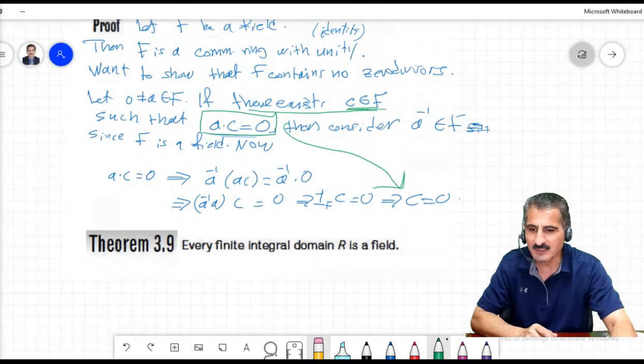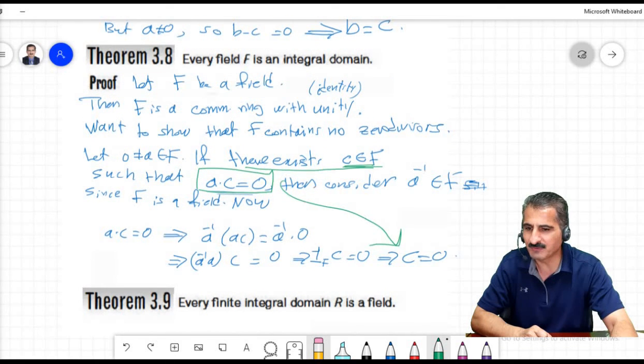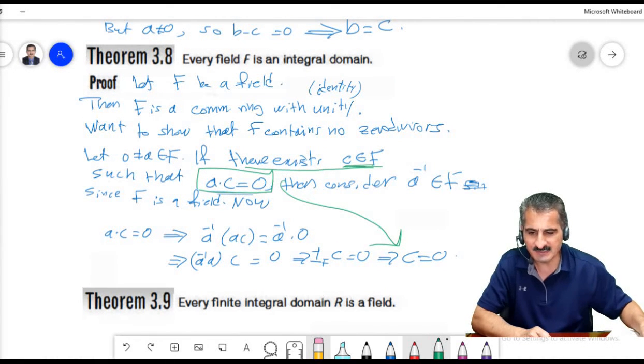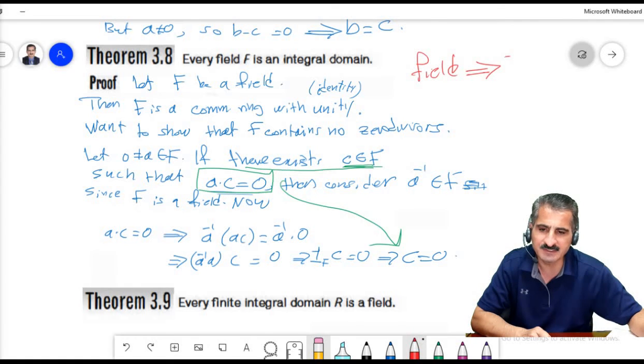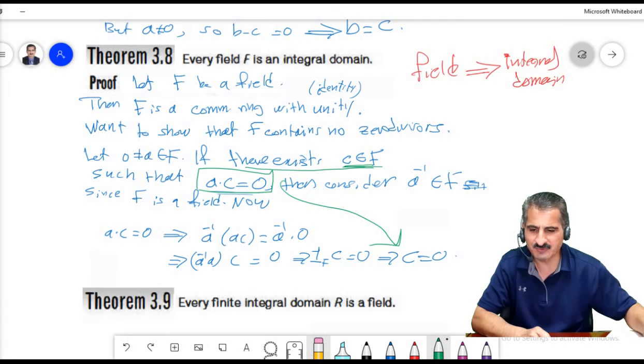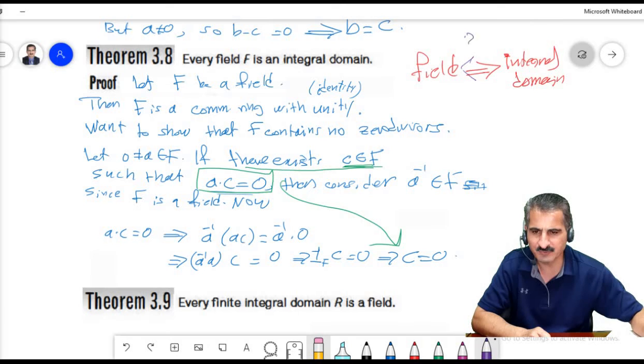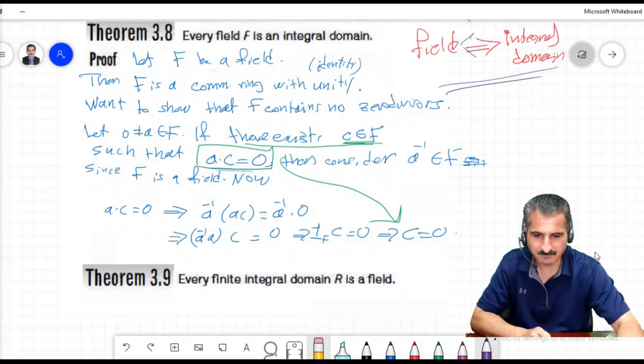Okay, so let's go back to the above theorem. It says that if we have a field, whether finite or infinite, then it is an integral domain. Question: is the opposite true? The answer is no. Why?